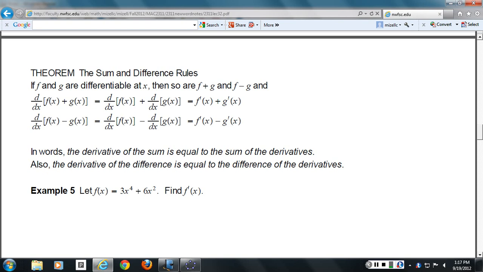I'll just state these. Derivative of a sum of two functions, or derivative of the sum of two expressions, which can be used to define functions, is equal to the sum of the derivatives.